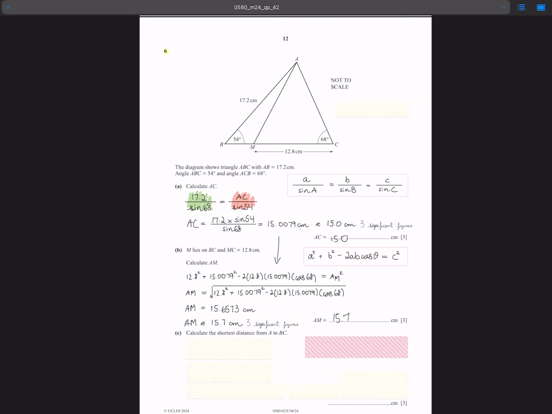Lastly, the examiner is asking us to calculate the shortest distance from A to BC. Whenever this kind of question comes, the first thing that you should do is calculate the perpendicular height. This is an obvious, very repeated question. Whenever it asks you to calculate the shortest distance, you always calculate the perpendicular height. It is understood.